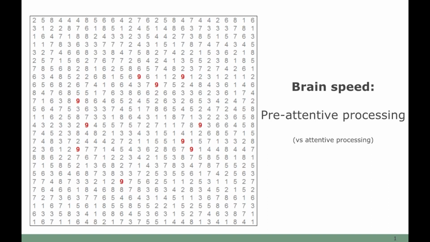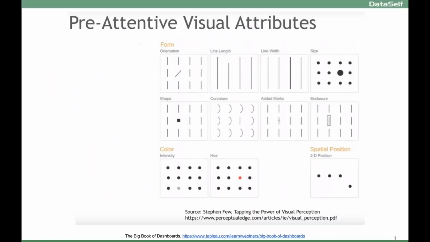The brain has been designed through evolution to respond very quickly to what we call pre-attentive visual attributes. If you use different forms, shapes, colors, position, the brain will very quickly get to the point of what you're trying to convey.